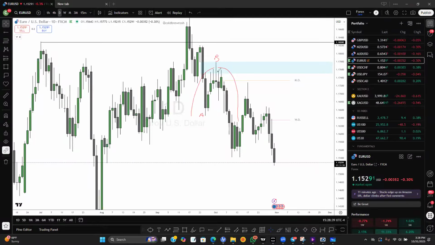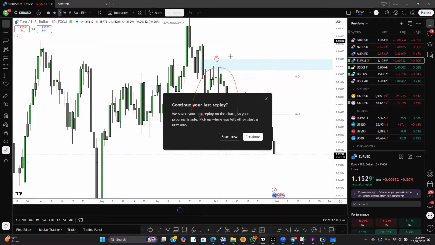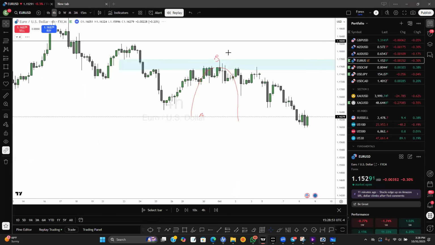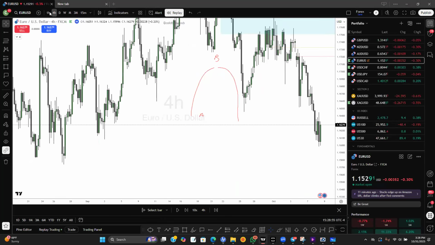So I should be looking for 4-hour, 1 hour, 15 minutes to start aligning with that daily time frame. All right, so let's try to dive inside of here and let's just look and see.